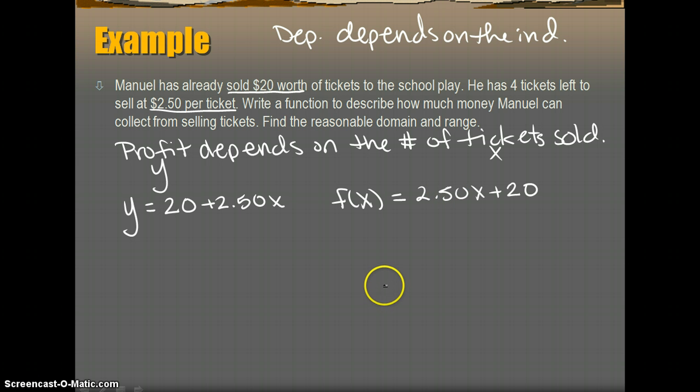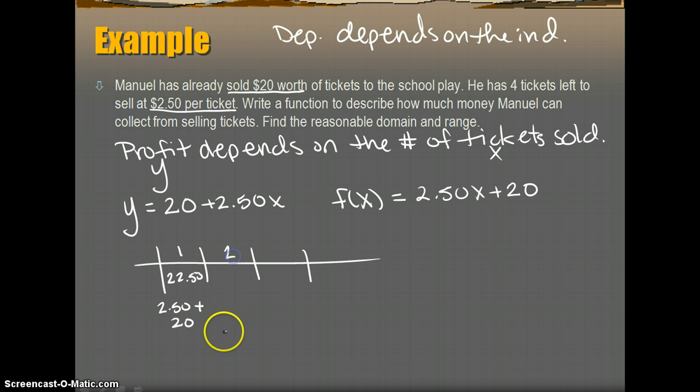From here, we can begin by determining how much money he would make for each of the 4 tickets that he has left to sell. So if he sold 1 more ticket, that would be $2.50 plus $20. So that would be $22.50.